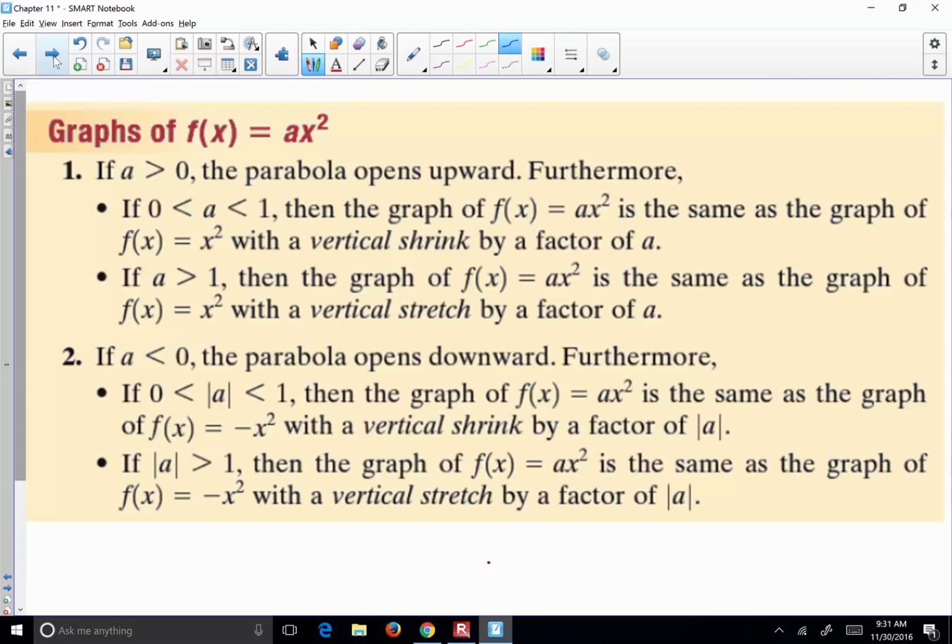Alright, let's practice. This explains what I just said in technical terms. Again, if you have a small positive number, less than 1, it shrinks. A number more than 1, a big positive number, it stretches.